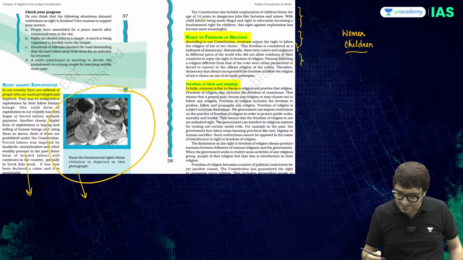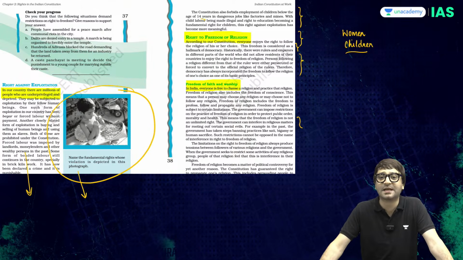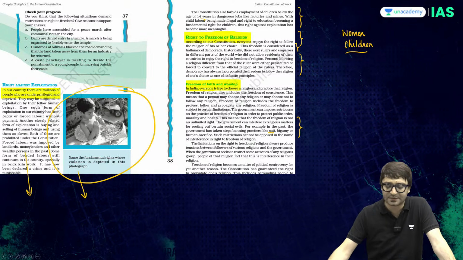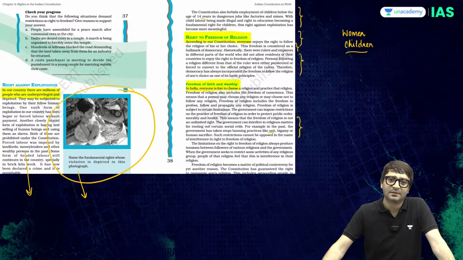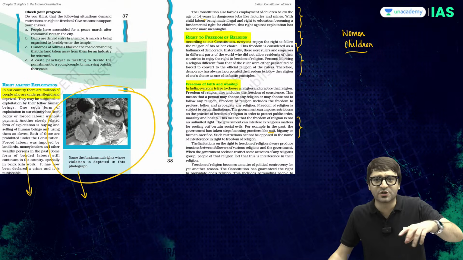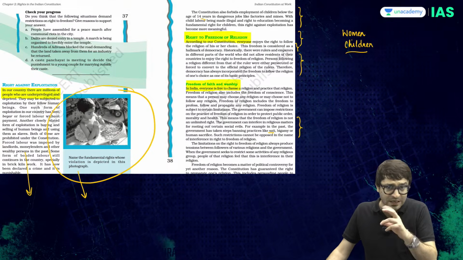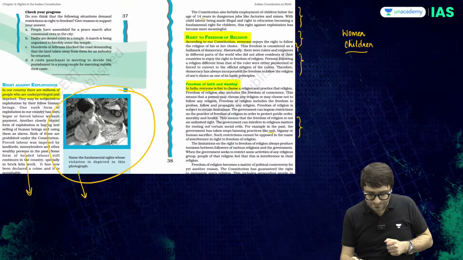For example, in the past, the government has taken steps. Although it was during the colonial government that sati was banned, human sacrifice was banned, because in the name of religion, you can't sacrifice humans and claim that it is part of your religion. But now listen to me carefully.